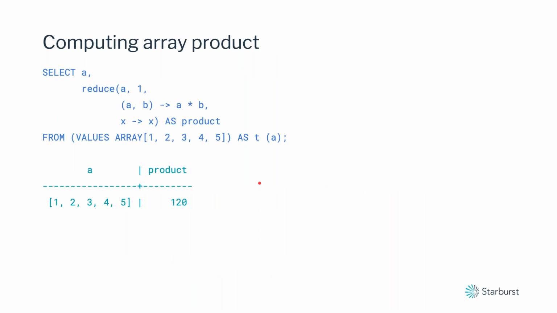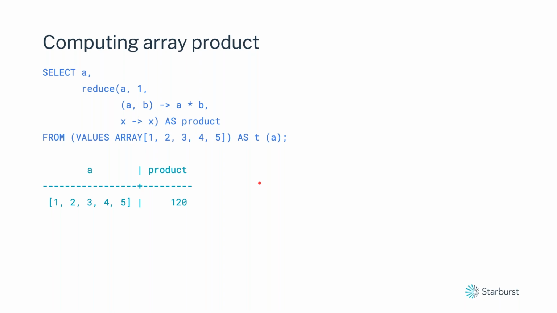Now, another thing that you often want to do is apply an aggregation to an array. So you want to take the array and combine all the values somehow into a single output value. As before, we showed that you could use the reduce ag function to compute the product of all the values in a column.